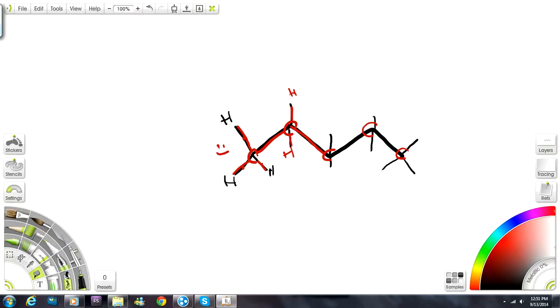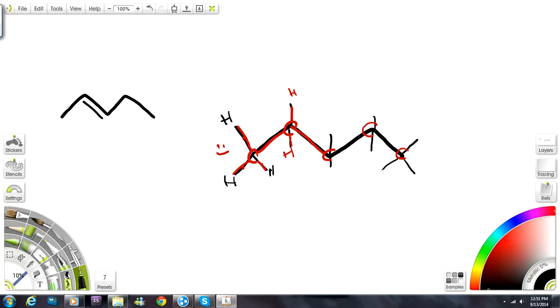If we wanted to draw in double bonds, that's also pretty simple. You've got another structure like this. If you want to have a double bond in there, all you've got to do is draw another line.